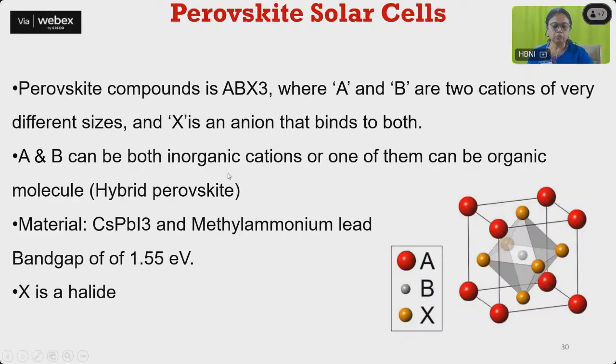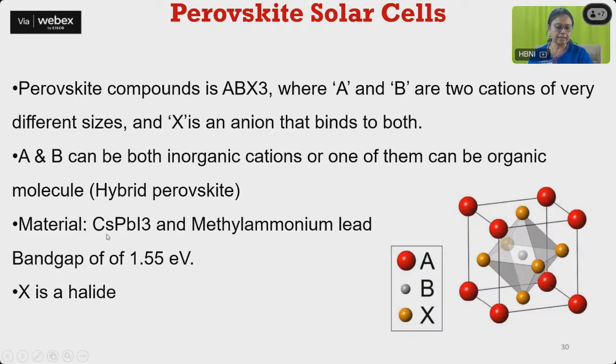So A and B can be both inorganic cations, like we have got cesium copper iodide or cesium lead iodide, lead bromide kind of thing. So these are all perovskite. It can be both inorganic cations or one of them can be an organic molecule. When one of them is an organic molecule, it is called a hybrid perovskite.